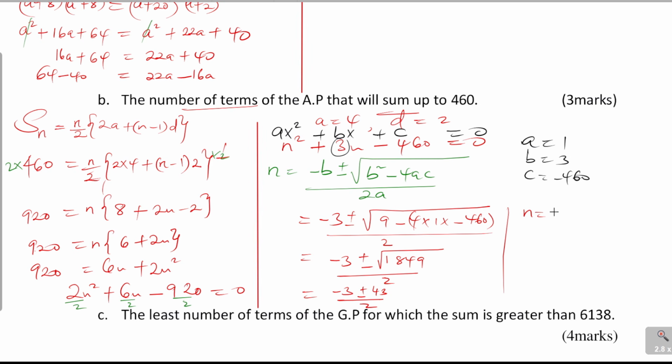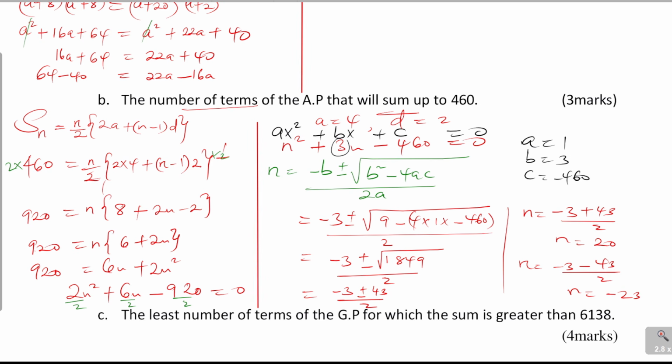The first one will be negative 3 plus 43 divided by 2. So here n will be 20, or the second one will be negative 3 subtract 43 divided by 2. So here n will be negative 46 divided by 2, negative 23.